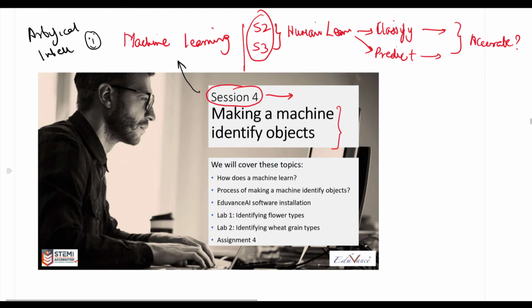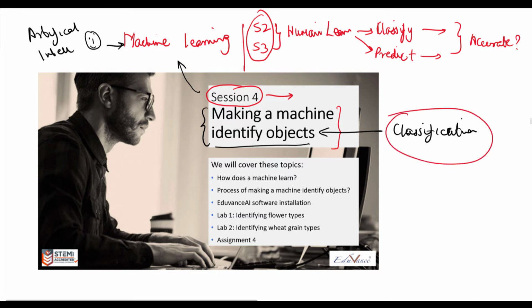So we'll be focusing on machine learning, and session 4 starts off with how do we make a machine identify objects. So if you remember, we use the term classification for identification. So in this session, we will see how do we make a machine perform or implement classification.